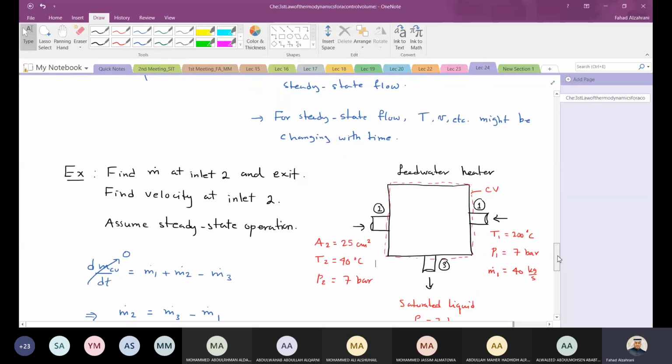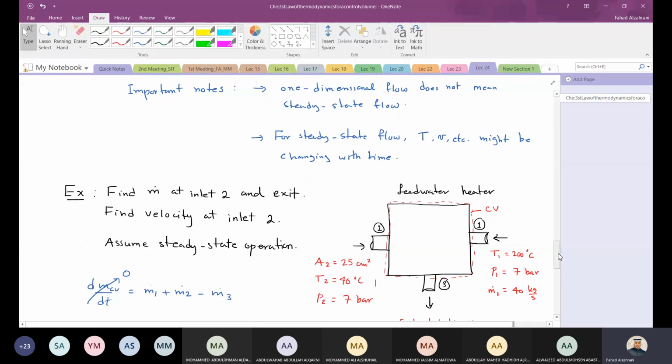Okay, so I apply the mass rate balance, or the conservation of mass, which is the rate of mass change of the control volume equals the summation of inlets minus exits.